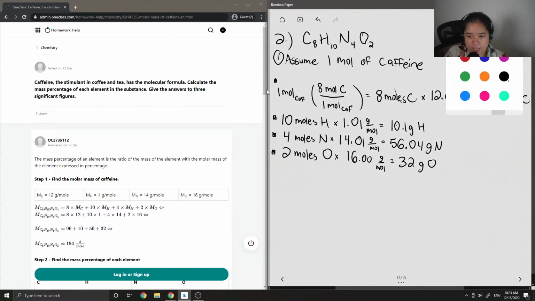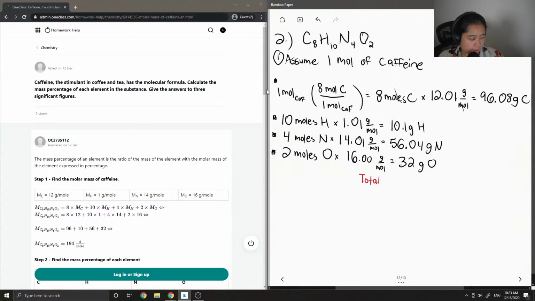So if we add all of these masses up, we get the total mass of caffeine: 96.08 plus 10.1 plus 56.04 plus 32 gives us 194.22 grams.